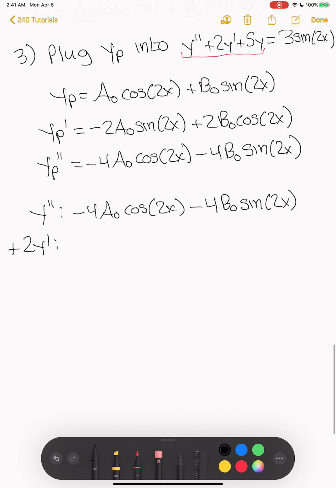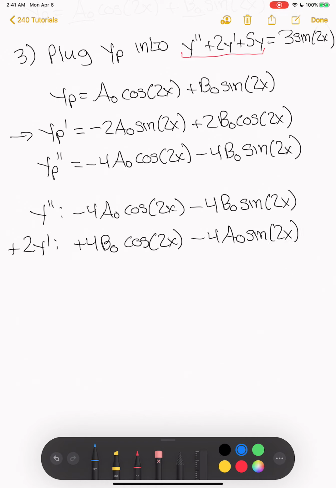And so y prime was negative 2a naught, that stuff right here. So 2 of that is plus 4 b naught cosine of 2x minus 4 a naught sine of 2x. So same thing, I just did them out of order because I want my cosines and my sines to be the same vertically so I can add them easier.